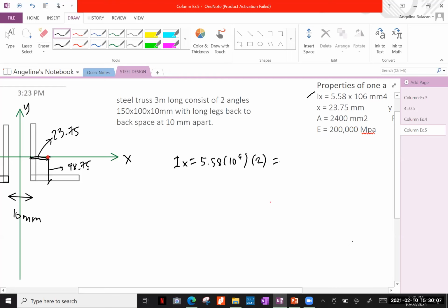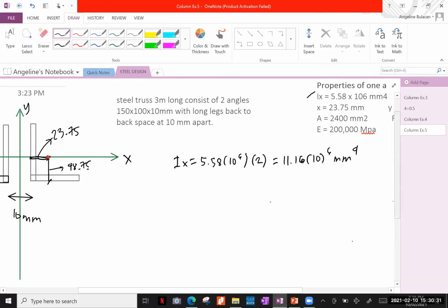Same lang yung type ng angle. So, 5.58 times 10 raised to 6 times 2. So, we have 11.16 times 10 raised to 6.